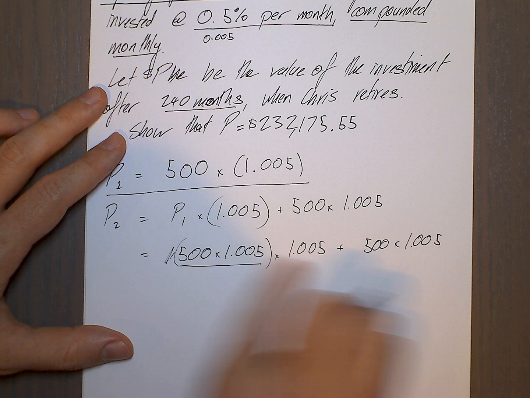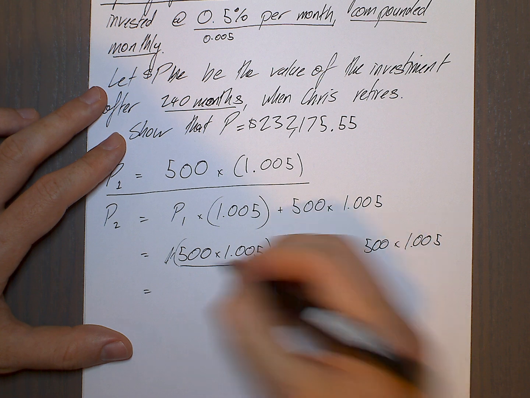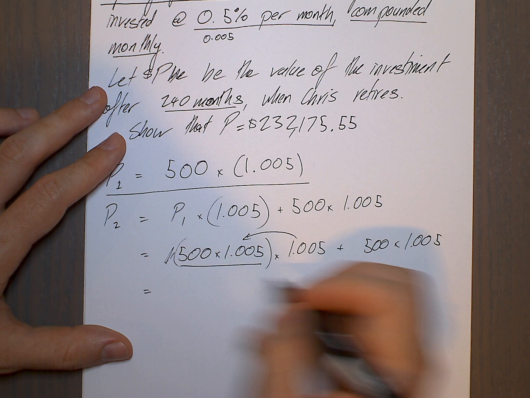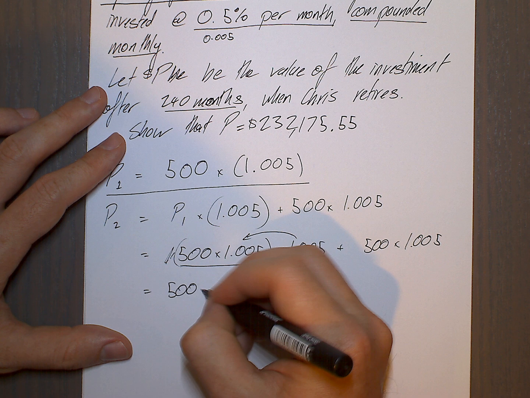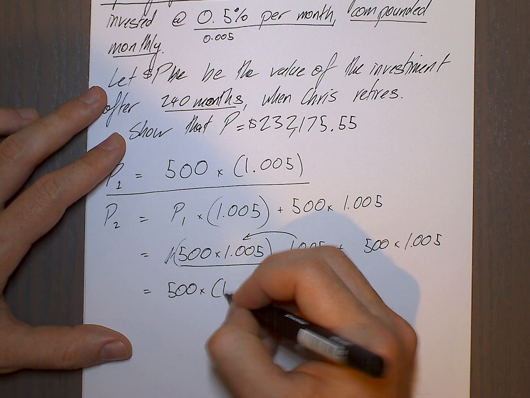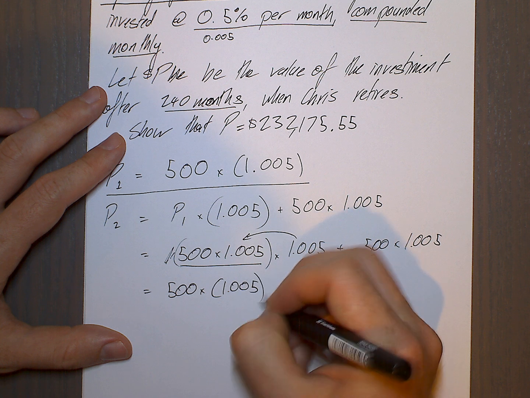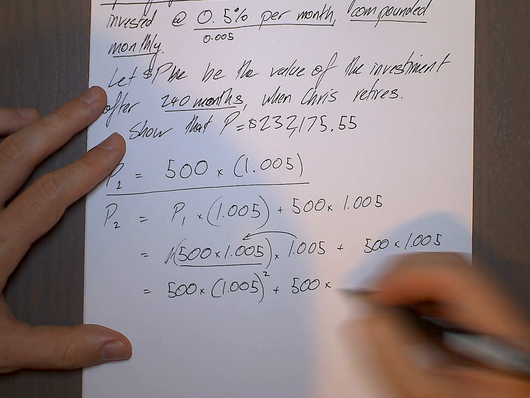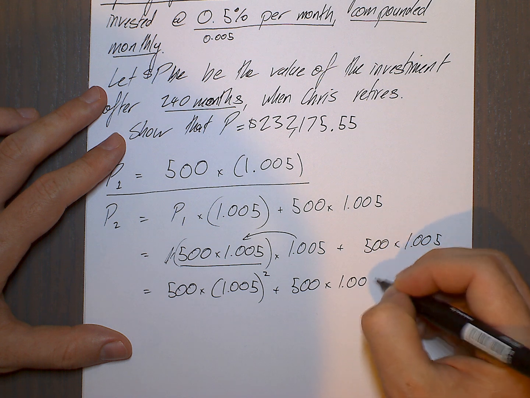If we expand that, that times that, we just make this squared because there's two sections of them: 500 times, I like brackets so I'll put in brackets, 1.005 squared, plus 500 times 1.005.